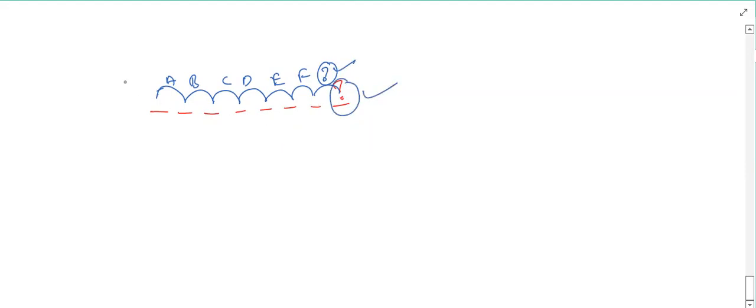Once after taking the difference numbers, we have to consider all these difference numbers as one separate series. Listen to me, this is an important point.